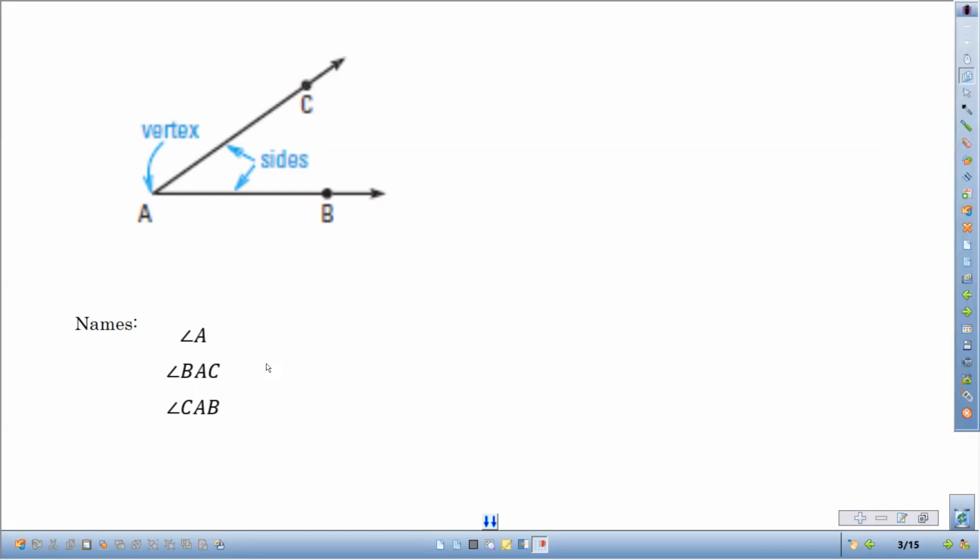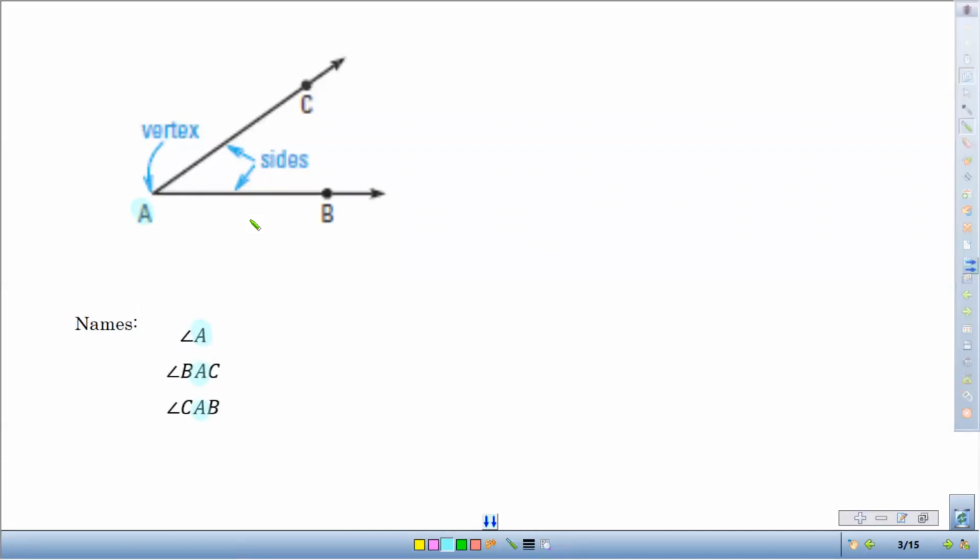The next way to name an angle is by using the sides as well. So you can either name it angle BAC or angle CAB. What I want you to notice is that the vertex, when you're naming it using all the letters, is in the middle.